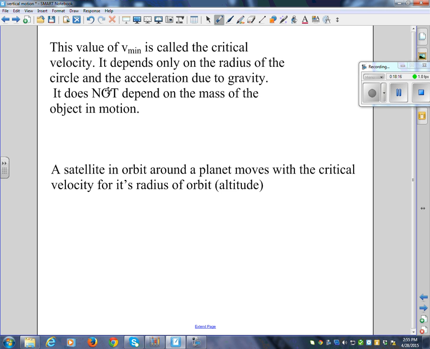And if it's going too fast, what's holding it in orbit? Gravity. And if it goes too fast, it's gone.